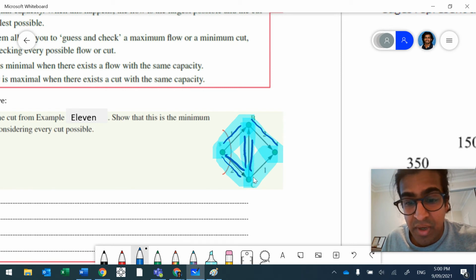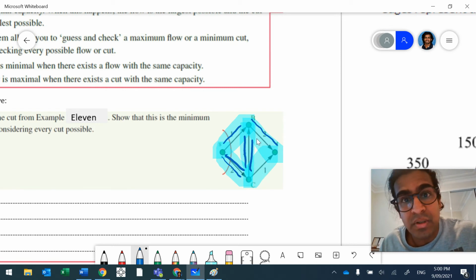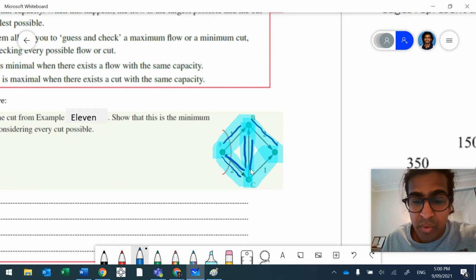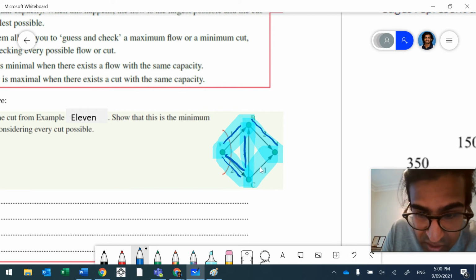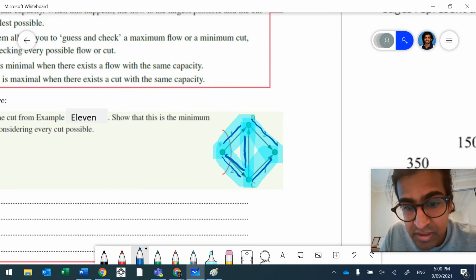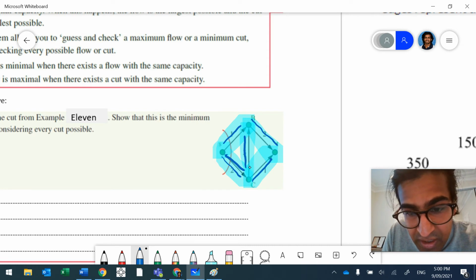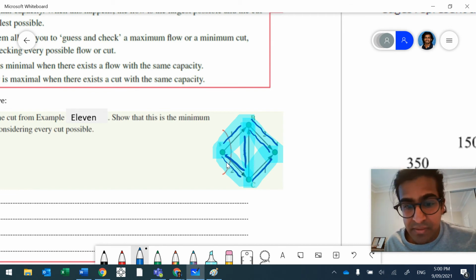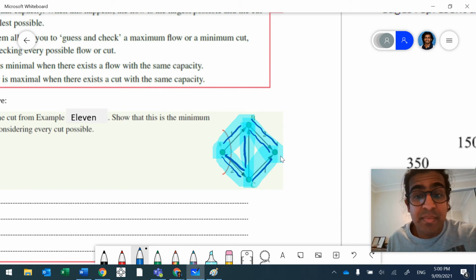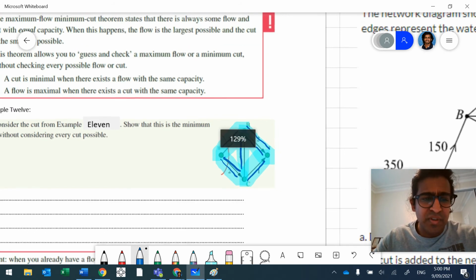That will end up with a total flow of 2, but what we might be able to do is send one of our guys through there, and this one that's going through there can go through there as well. So that ends up with our total maximum flow being 3. As soon as we find that maximum flow, we know that it equals the minimum cut, therefore that is the maximum flow.